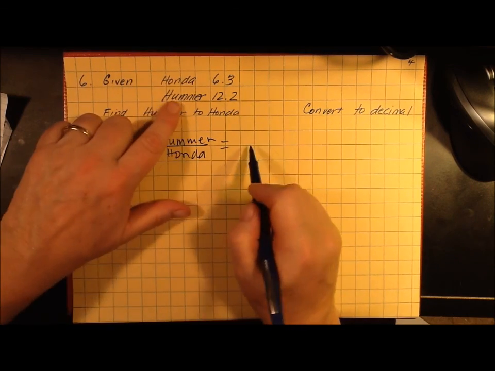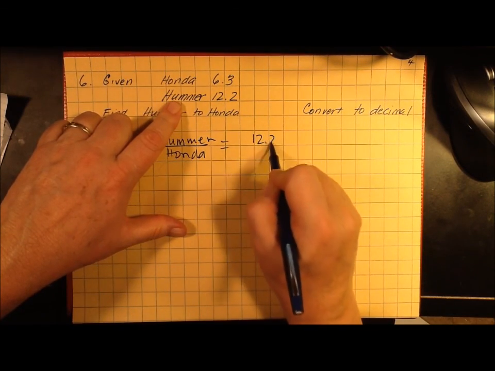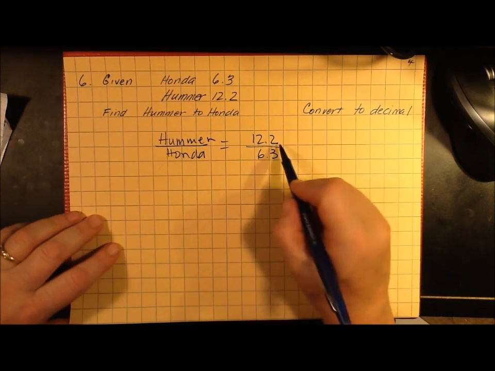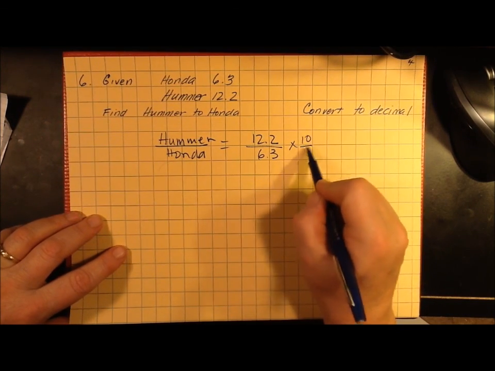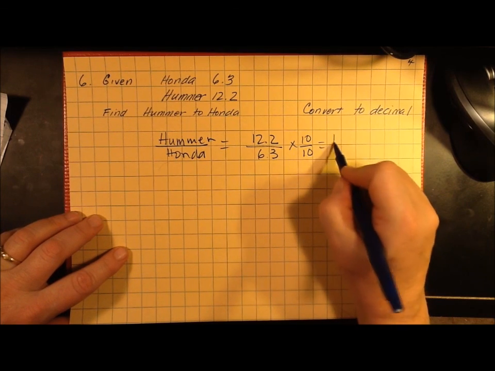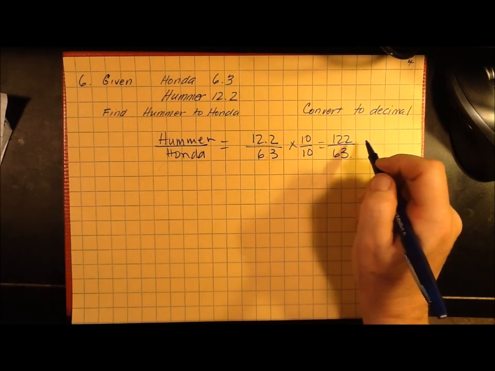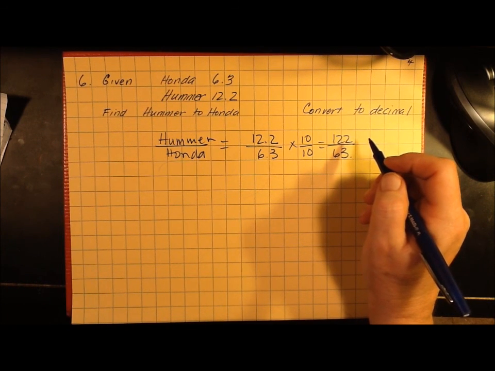So I'm going to use my data, 12.2 over 6.3. I'm going to multiply both by 10 to bump it up to a whole number, 122 to 63.